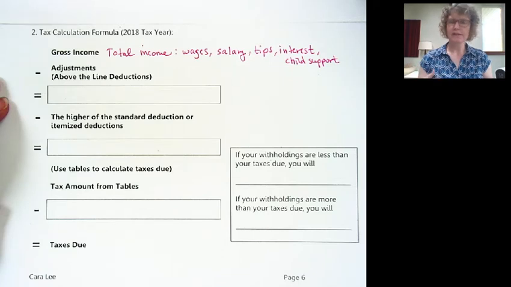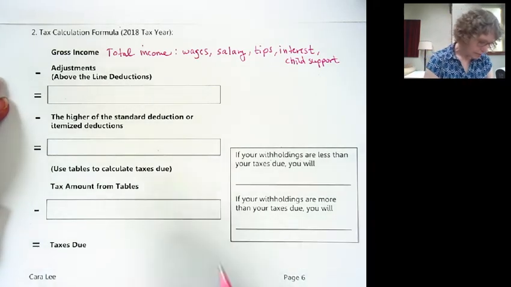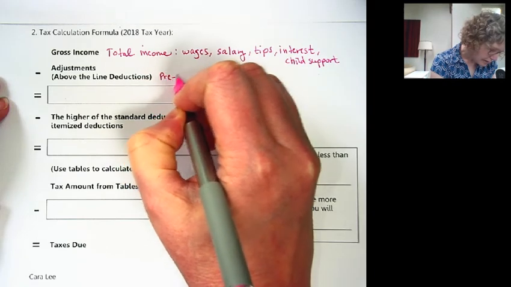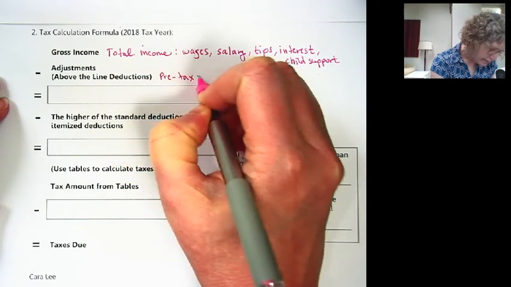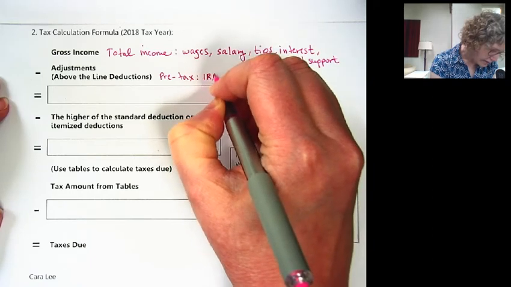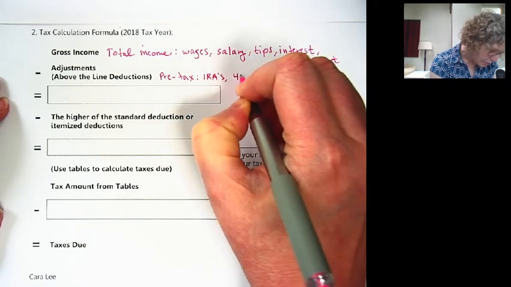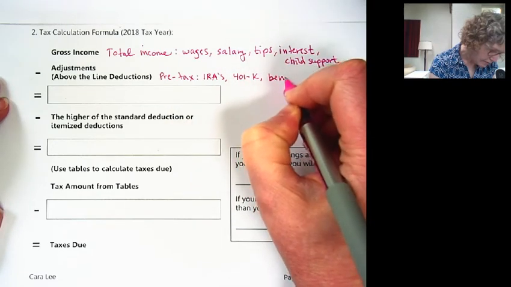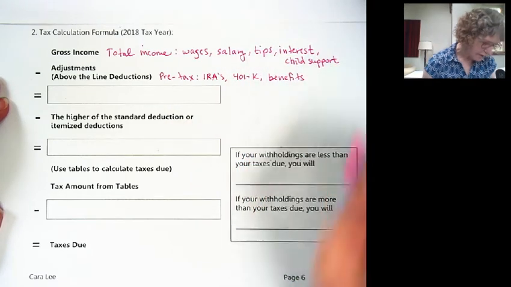So all of those things get subtracted out. These are pre-tax things like IRAs, 401k, benefits.